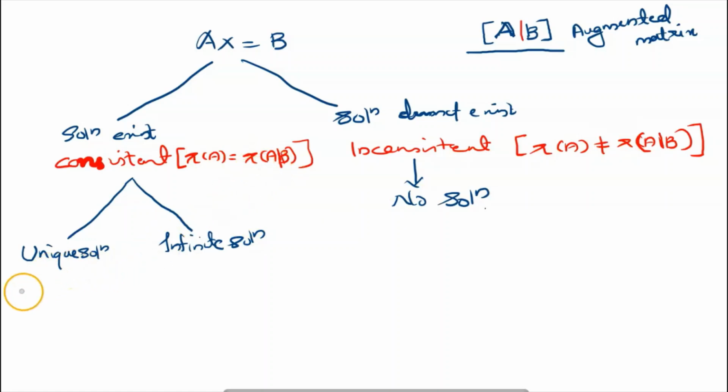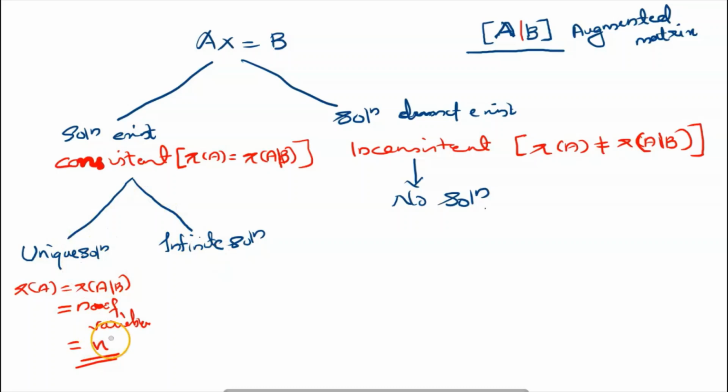For a unique solution, rank of A equals rank of the augmented matrix, which is equal to the number of variables. In this case, I am using n variables, so this is equal to n. So rank of A equal to rank of the augmented matrix means the system is consistent, so the system has either a unique solution or an infinite number of solutions.